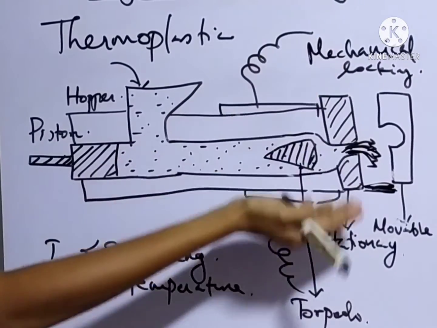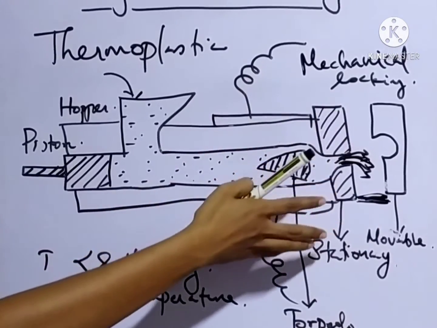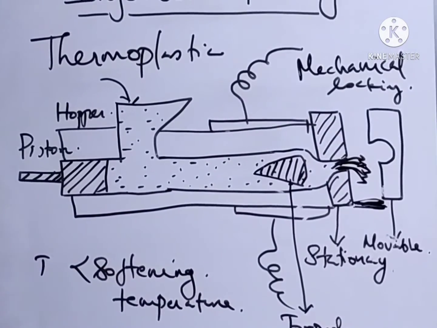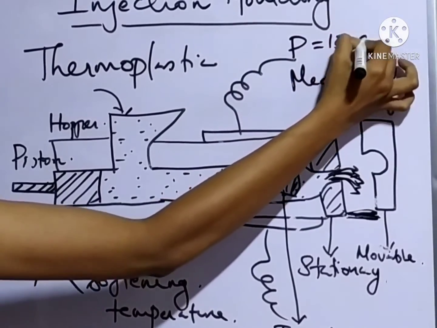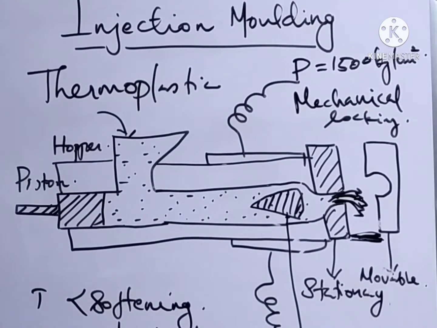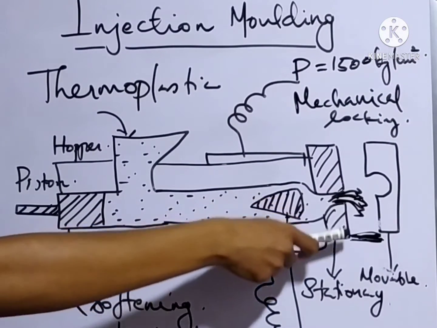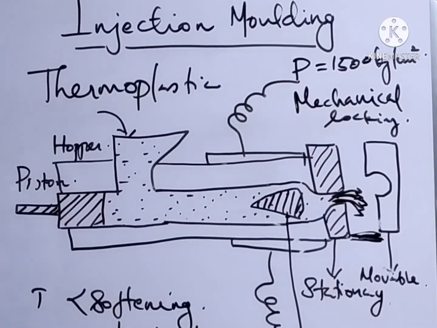The mold is properly held in position by applying high pressure over this mold, and the pressure is about 1500 kilogram per centimeter square. So such a high pressure is applied over the mold to prevent the flow of polymer from the vertical mold.